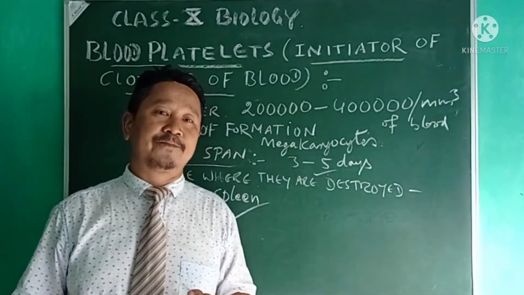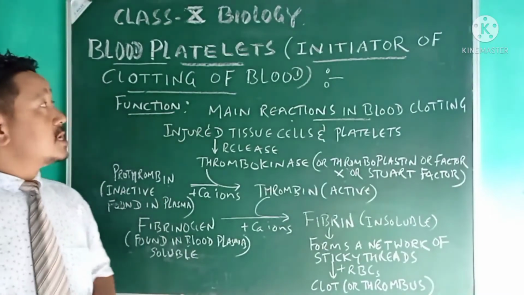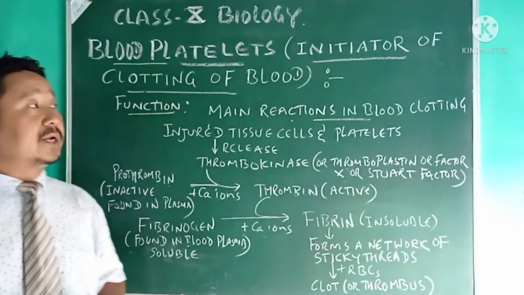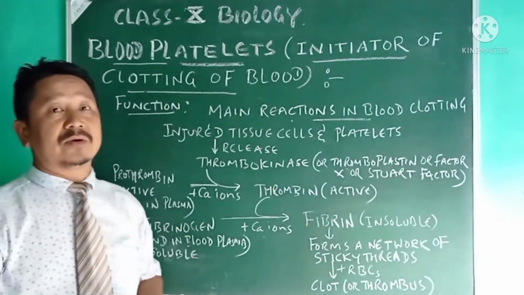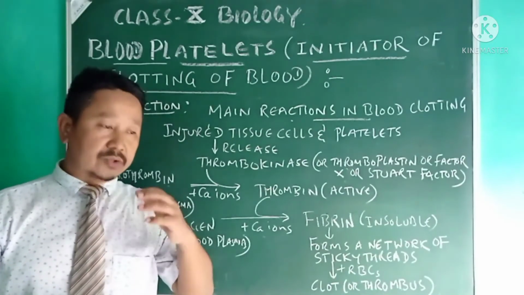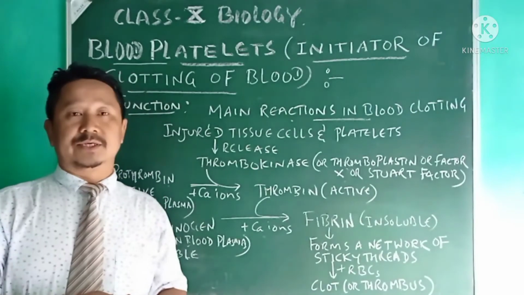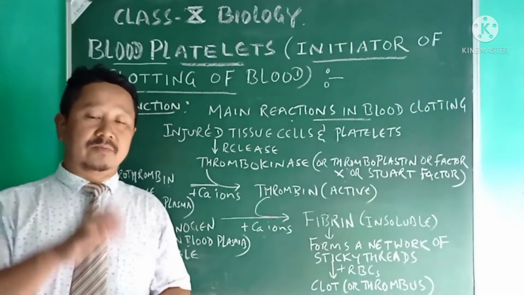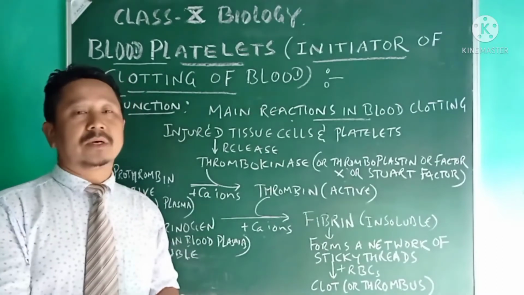Now we'll talk about the function of these blood platelets. We have already come to know that they are the initiator of clotting of blood, which means they initiate the coagulation of the blood. It has to be clotted when the injury takes place. After the injury, the blood has to be clotted, then only it can stop flowing.